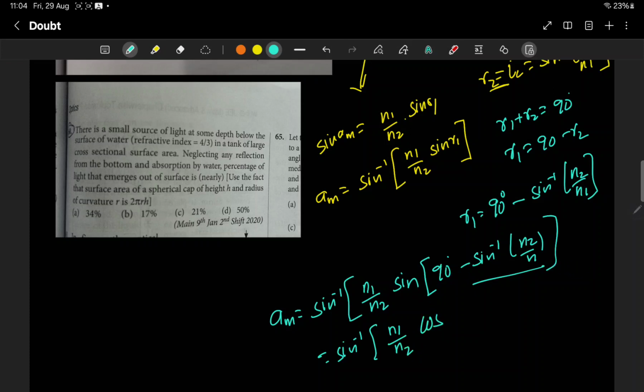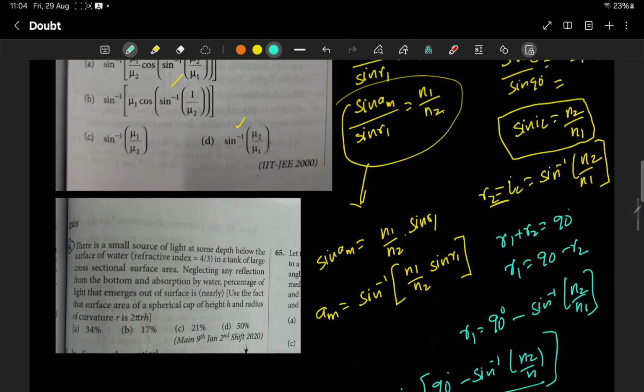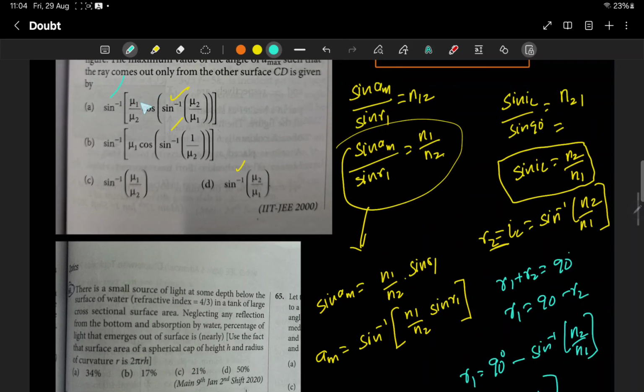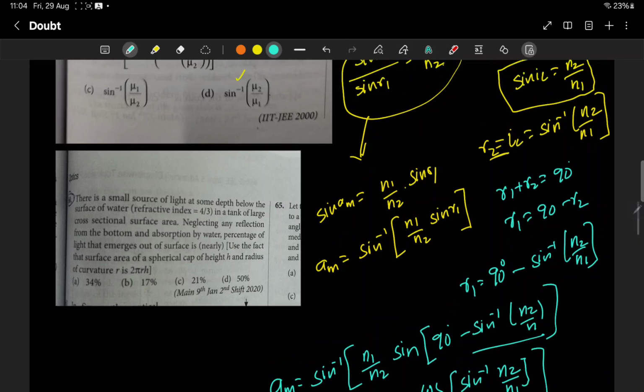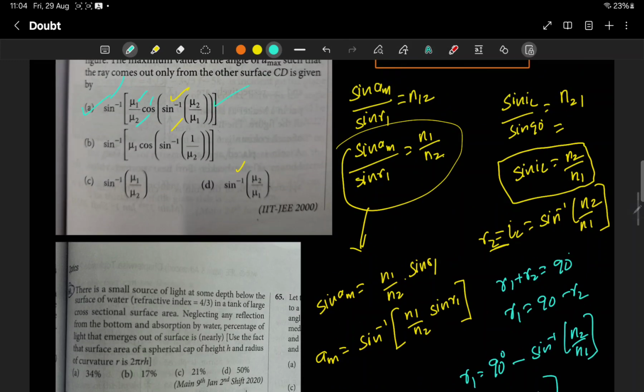This falls in the first quadrant, so everything is positive. So it is cos of sine inverse of N2 by N1. So this is what I am getting: sine inverse of N1 by N2 times cos of sine inverse of N2 by N1. So your option would be A.